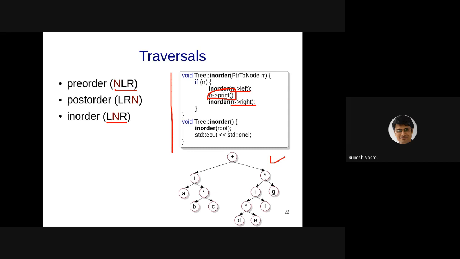Okay, Shania says, how do we do in-order iteratively? Good question. Any suggestions on Shania's question? Because for pre-order, we could use some sort of a stack, right? How do we do the in-order? Where do we need to store this information?